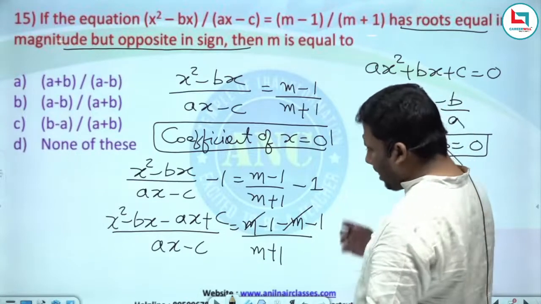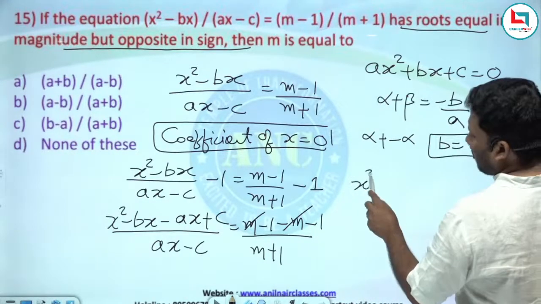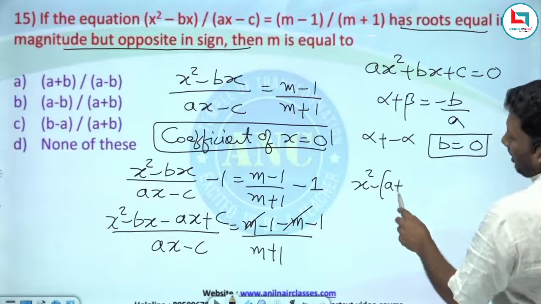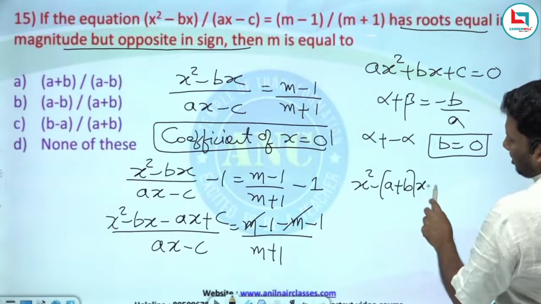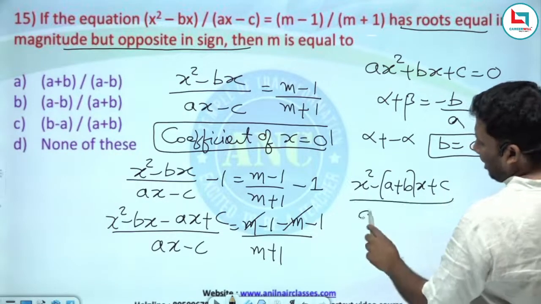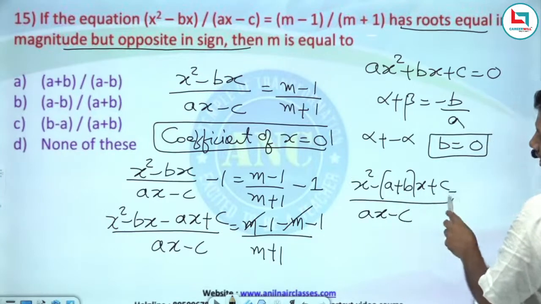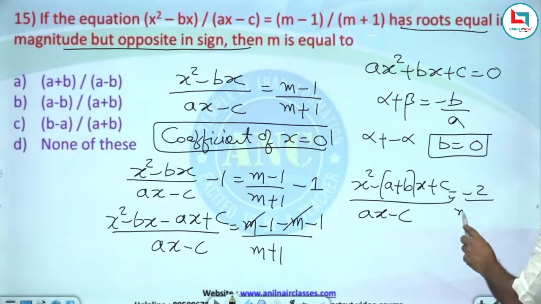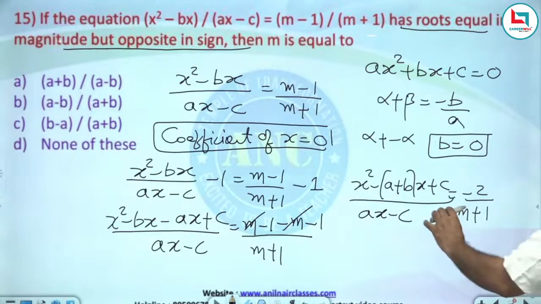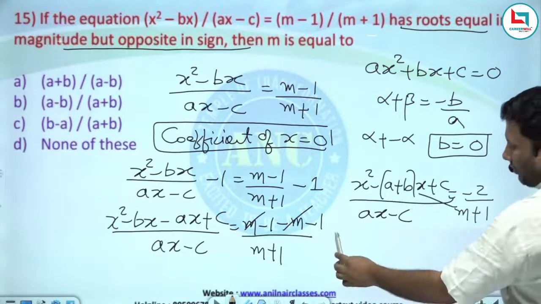So x square minus of a plus b into x plus c divided by ax minus c equivalent to minus 2 by m plus 1. Now we are concentrating on coefficient of x.